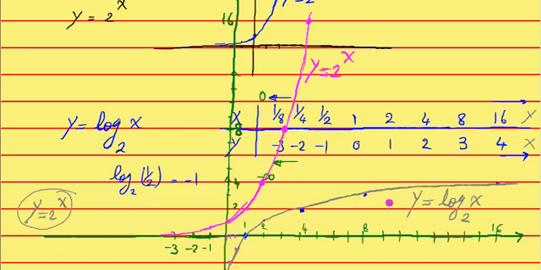One big lesson about inverse functions is a peculiar symmetry property they have. How should I reflect this graph to get this one? Or how should I reflect the graph of logarithm to get the graph of exponential?